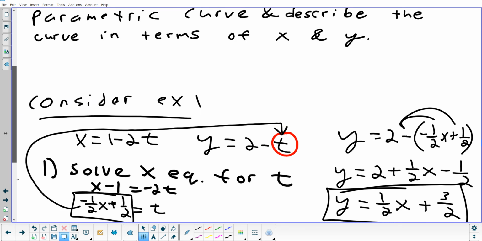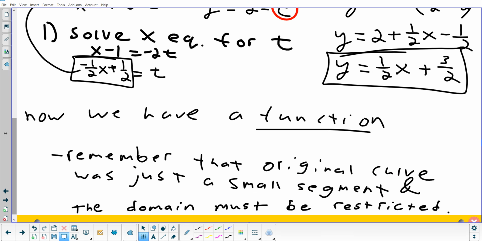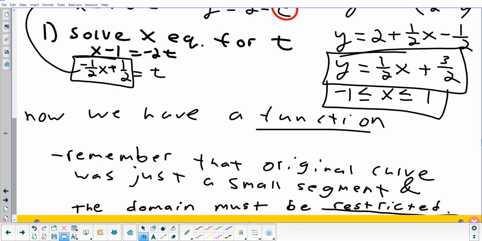So part of what you have to do when you tell me this answer is you have to restrict the domain like this. Now, you've not only told me what the picture should be, but you've told me where to put it between -1 and 1. And now, by giving me that restriction, it is correct.